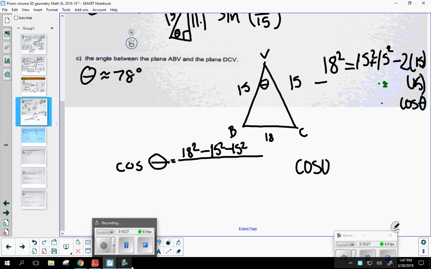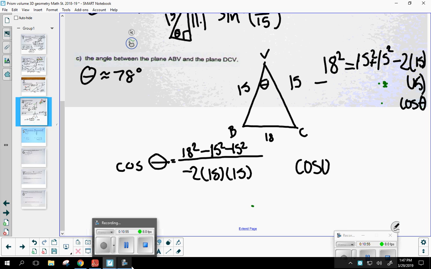Now the negative 2 times 15 times 15, that's a coefficient of cosine of theta. So what's the opposite of multiplication? Divide. So down there, we're going to say negative 2, 15, 15. Perfect.